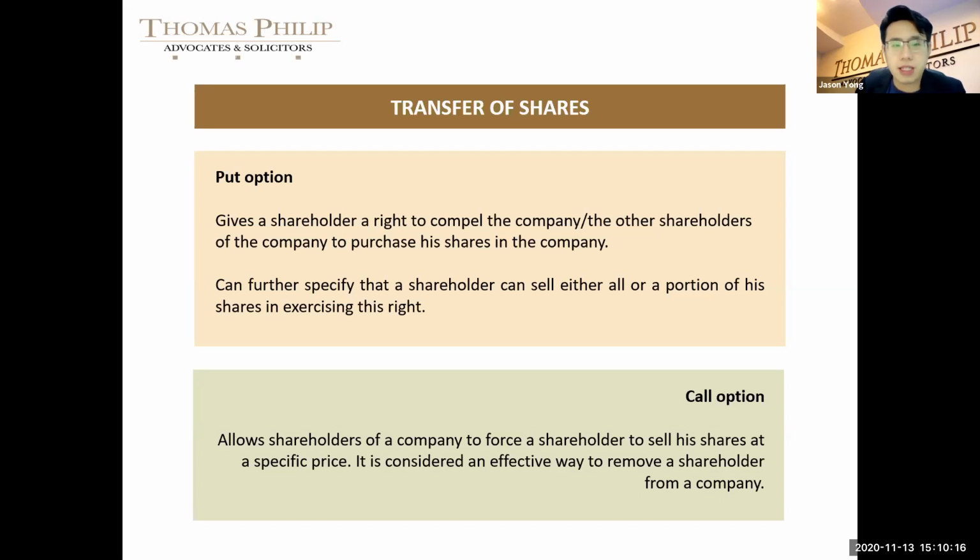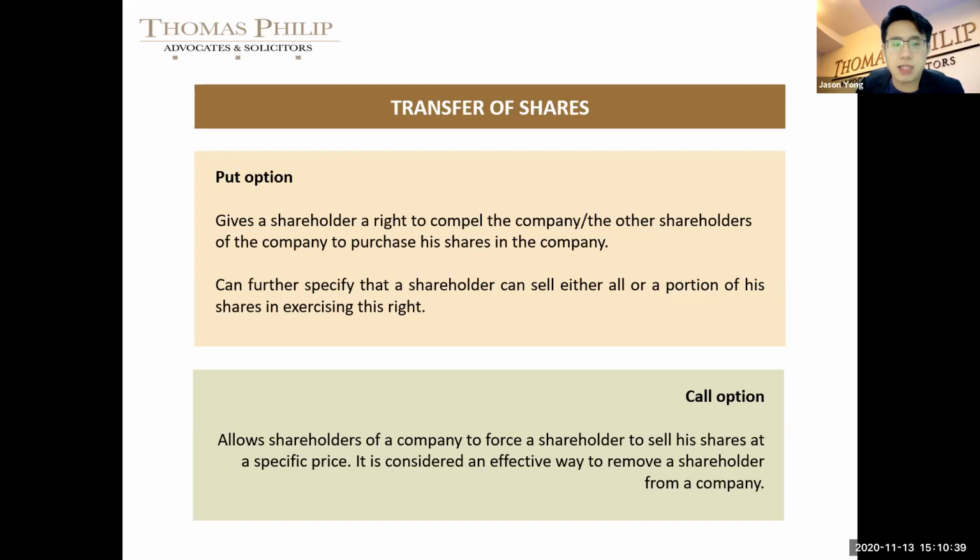A put option means at any time or under certain circumstances, depending on how you draft it, when this clause is triggered, one of the shareholders can say, I put down my shares. And what that means is when I put them down, the remaining shareholder has to pick them up. Okay, that's the layman way of thinking about this.